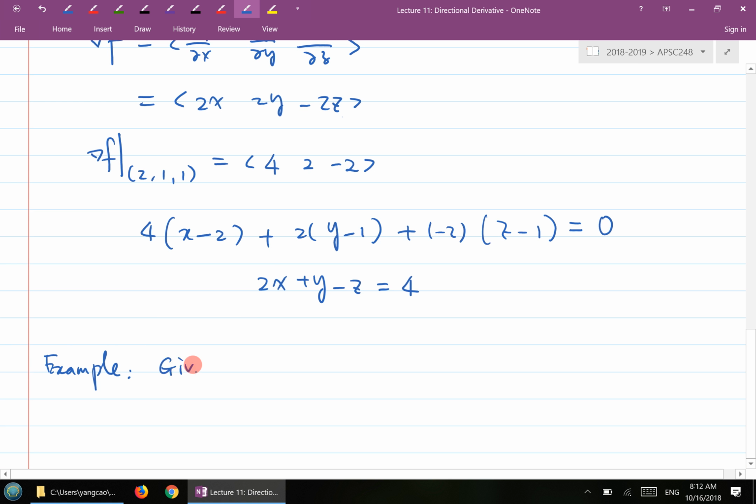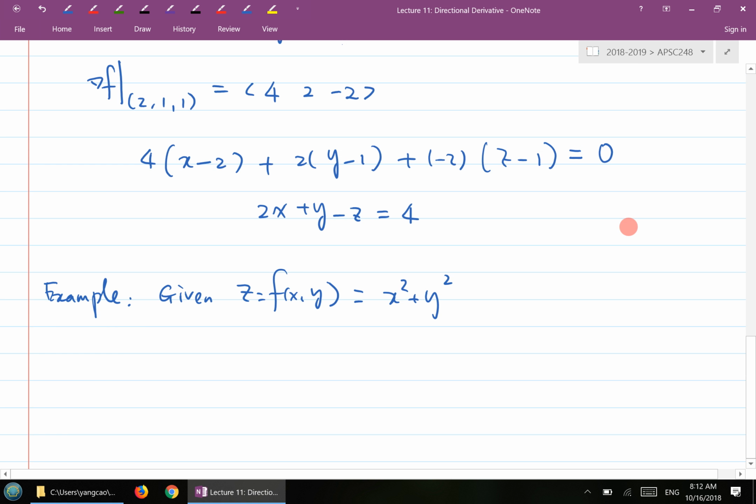Given z equal to f of x, y, let's say x squared plus y squared, for example. This is a very typical surface we see. It's a function of two variables.